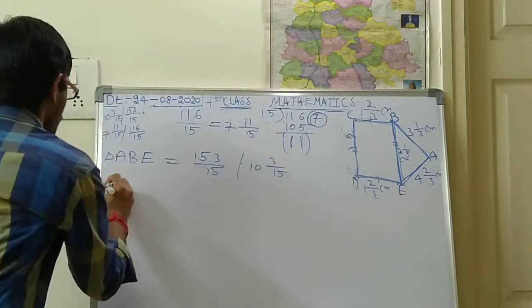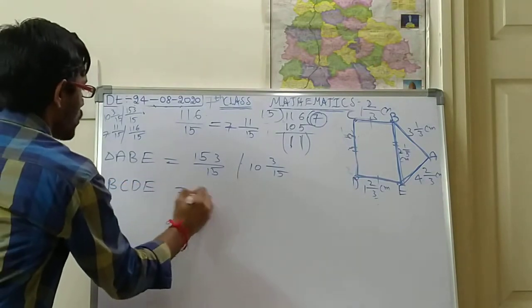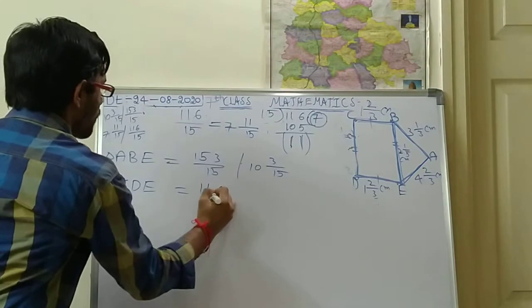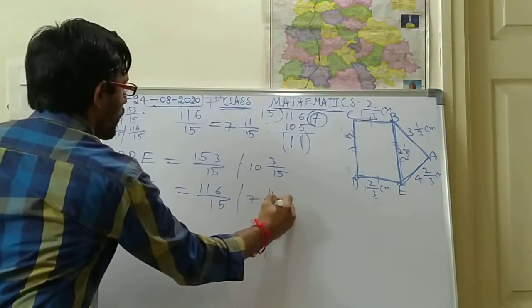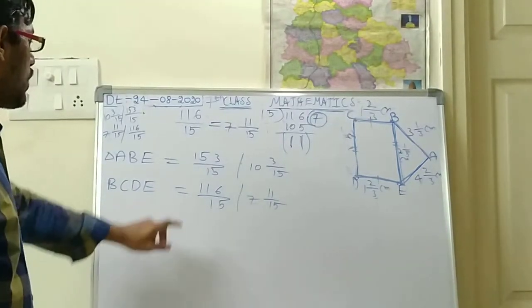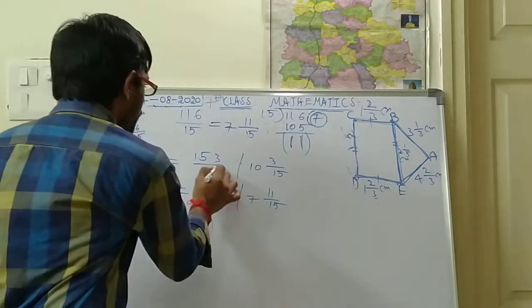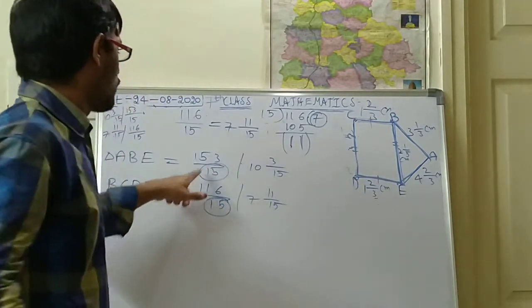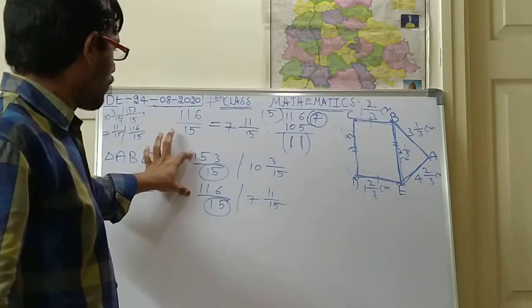Next, rectangle BCDE is 116 by 15 or 7 11 by 15. So which figure has the greatest perimeter? 153 by 15, 116 by 15. Here both denominators are equal, which means just compare the numerators.